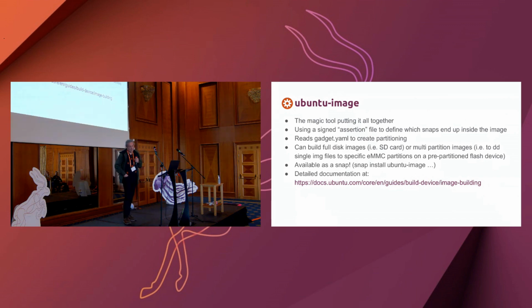Ubuntu Image is a snap, so you can just snap install ubuntu-image and hand it the model assertion, which is a little JSON file that tells who owns which snap, who owns this device, and so on. There is detailed documentation that goes into more detail than I do here.